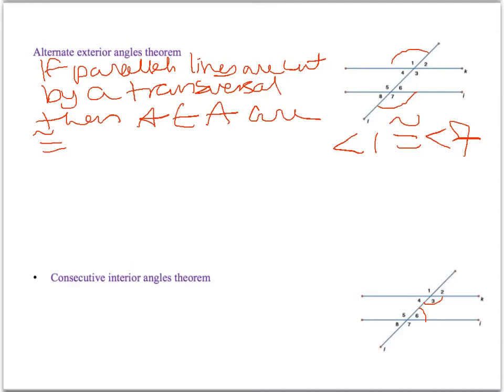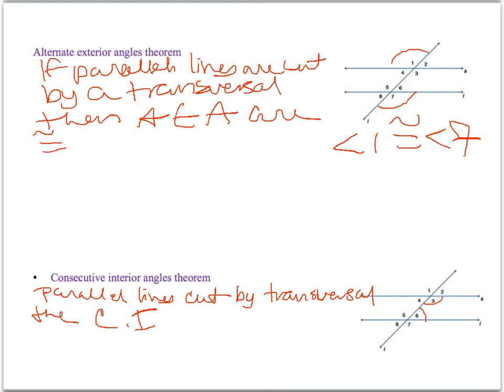If I have two consecutive interior angles, and the transversal is cutting parallel lines, then the consecutive interior angles, CIA, are supplementary.